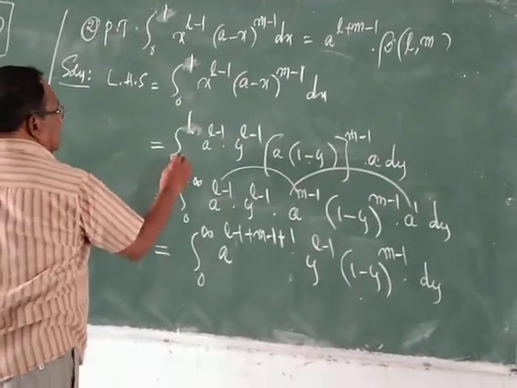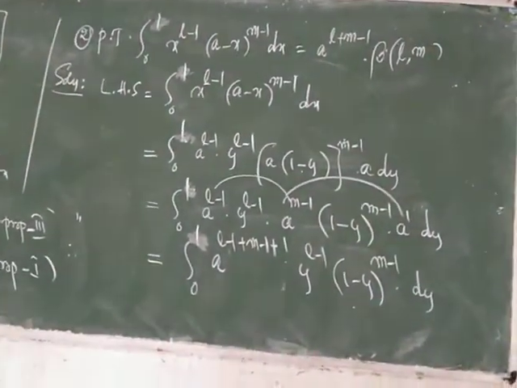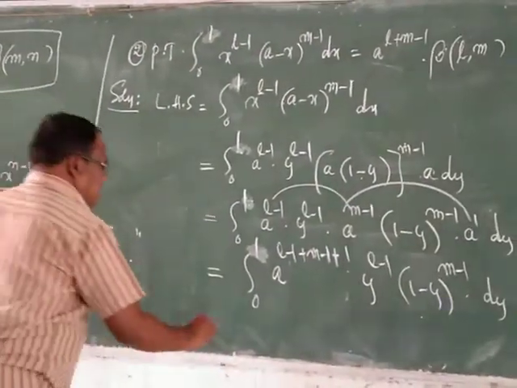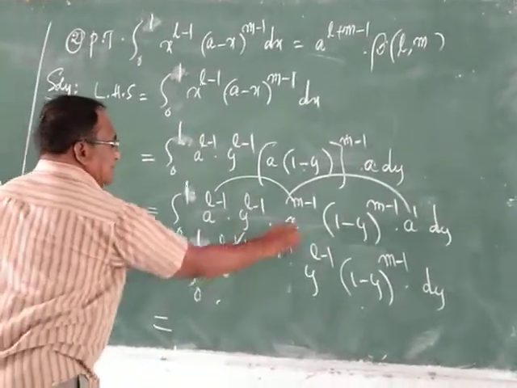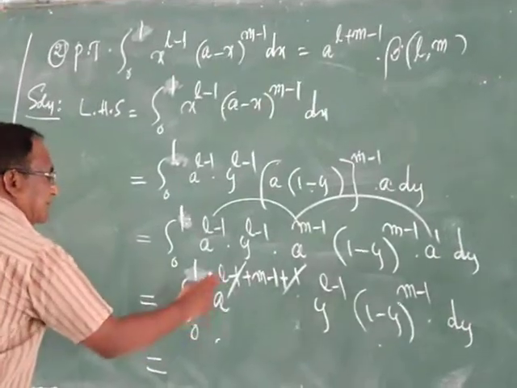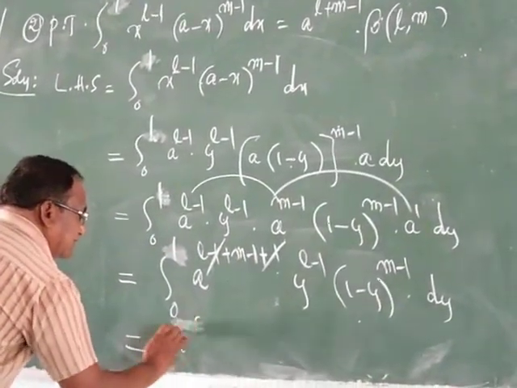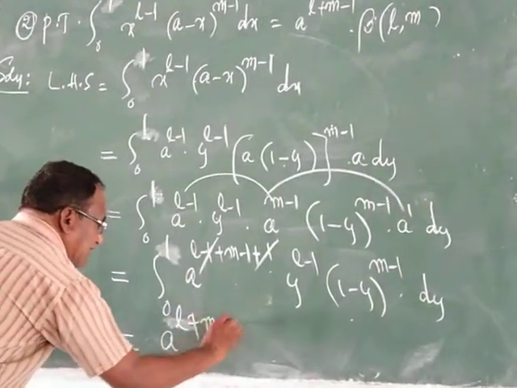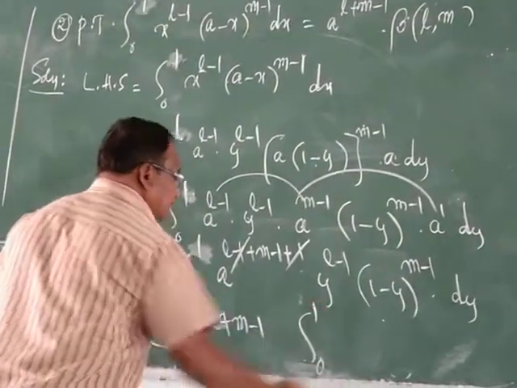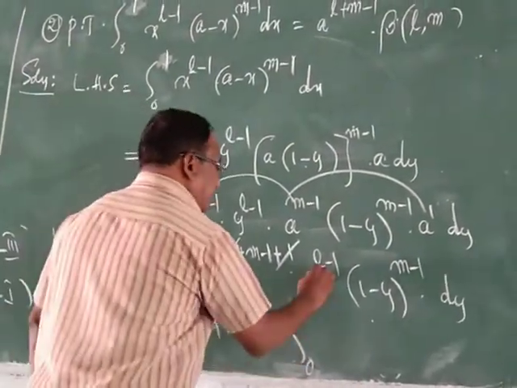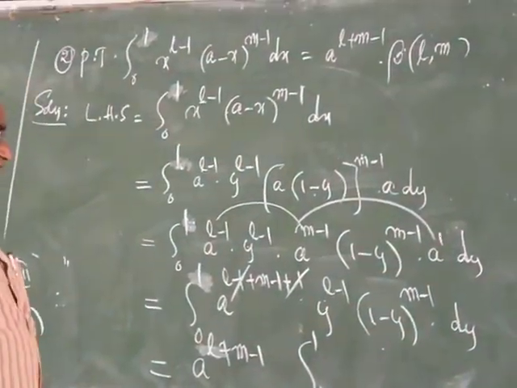Yes, this is equal to: the minus 1 plus 1 cancels, a to the power l plus m minus 1, it is a constant, can be written outside. A to the power l plus m minus 1 into integral from 0 to 1 of y to the power l minus 1 into 1 minus y to the power m minus 1 into dy.